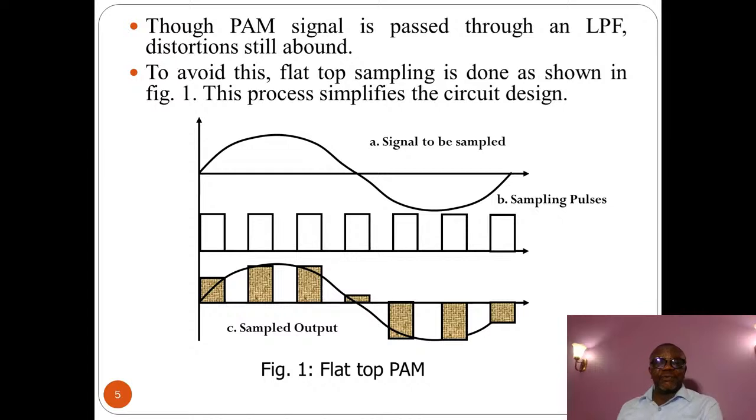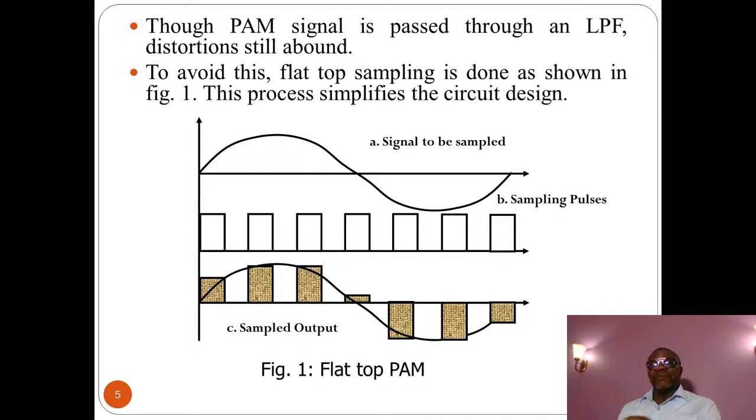If you look at Fig 1, the topmost is the signal to be sampled. You can see it's a continuous wave. B is the pulses that are used to modulate it, which we call the sampling pulses. And C is the typical output.